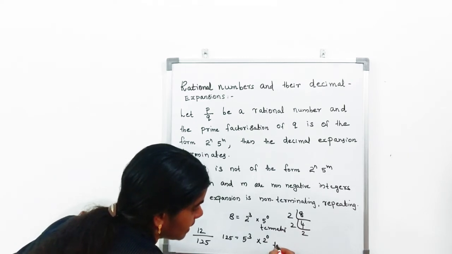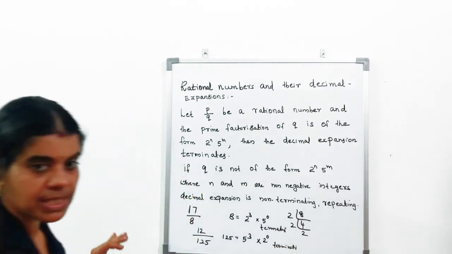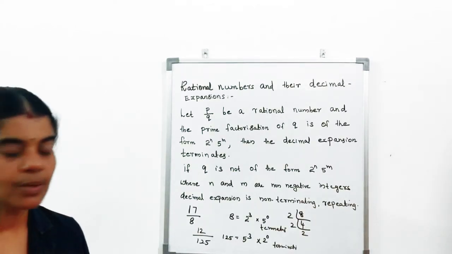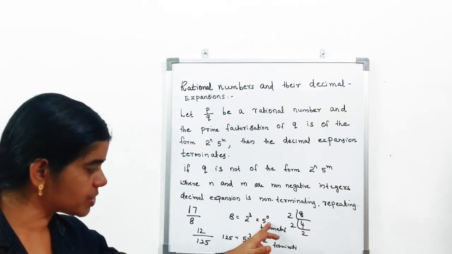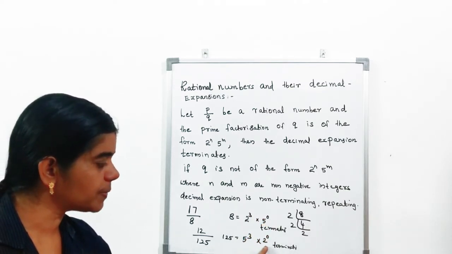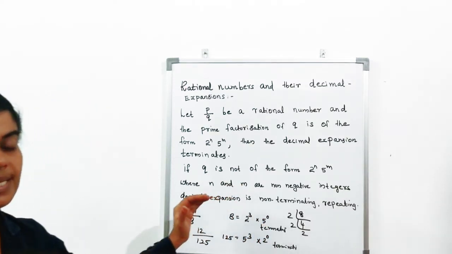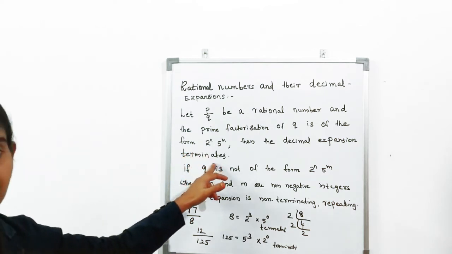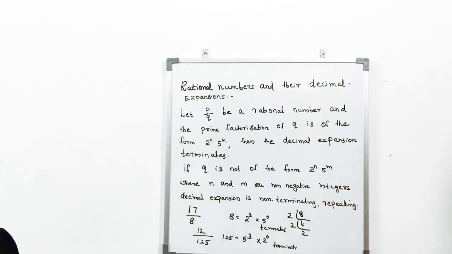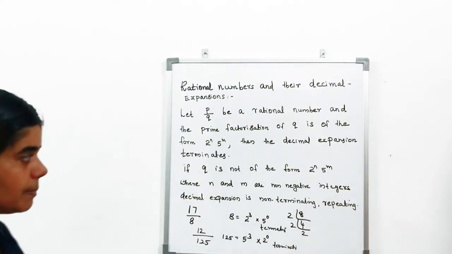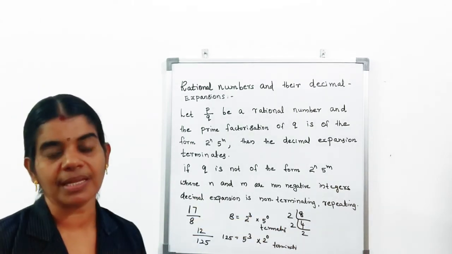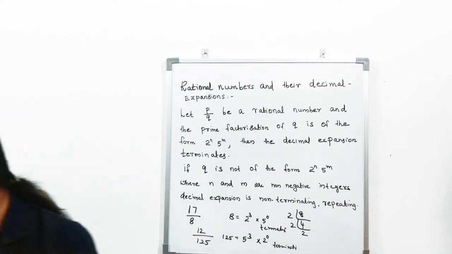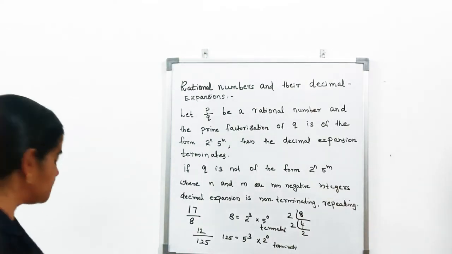If 2 only is there or 5 only is there, then we can add 2 raised to 0 or 5 raised to 0. Then this decimal expansion terminates. Other than 2 and 5, if you are getting any other number, then in that case the decimal expansion is non-terminating and repeating. I will show one more example.